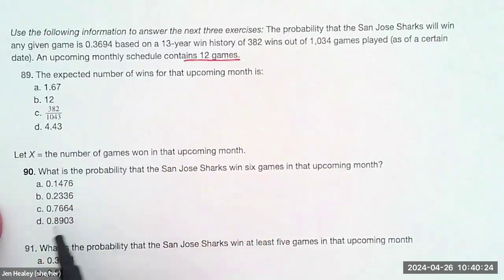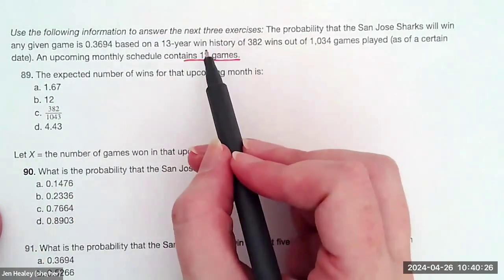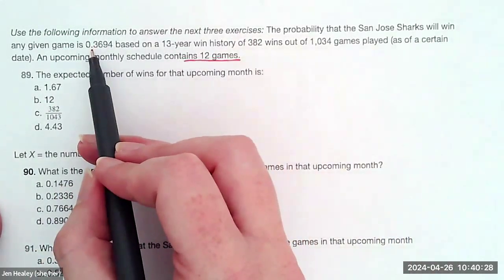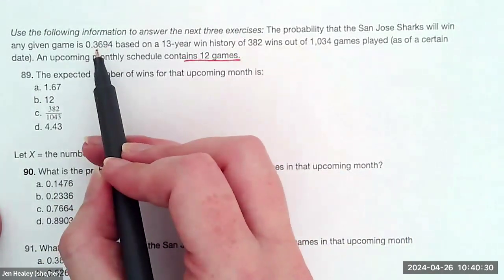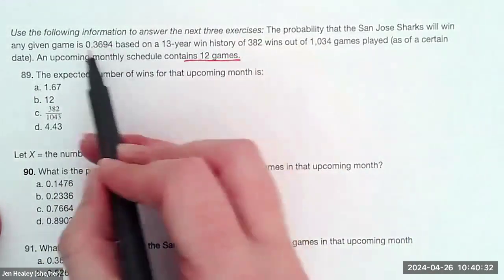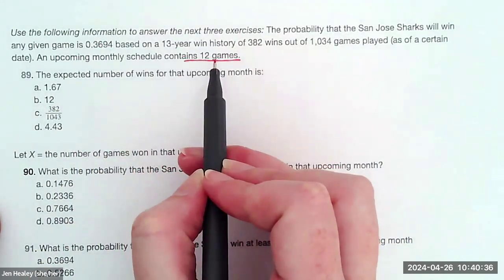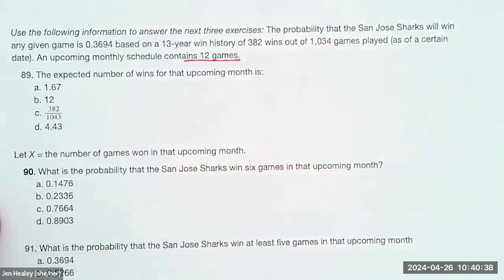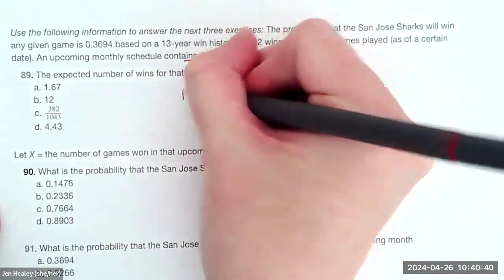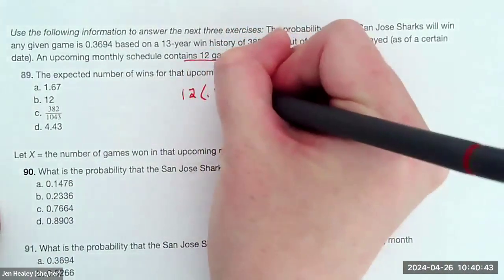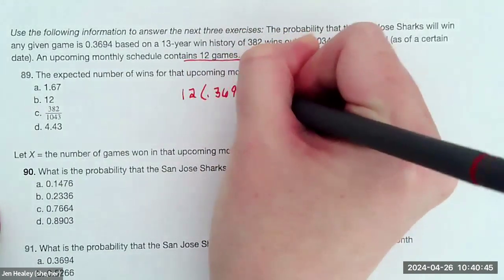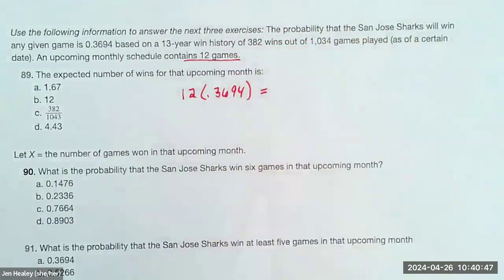Down here is where we're going to actually start using our formula. If you've got a 0.3694 chance of winning and you've got 12 games coming up, you want to take the 12 and multiply it by that 0.3694. Okay, so let's look.